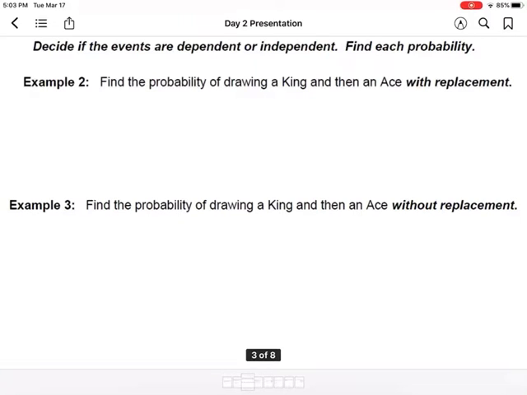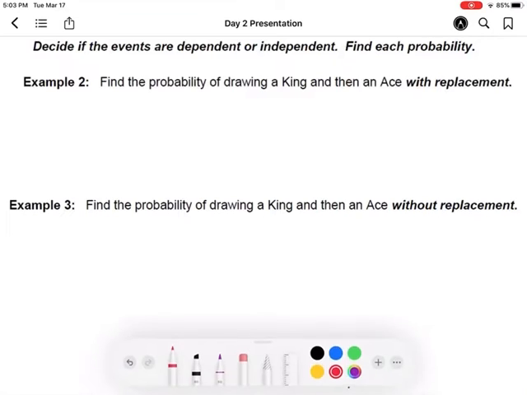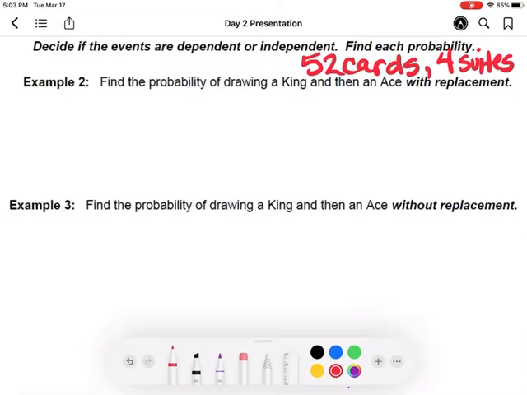Let's first make sure we know a little bit about cards. In a standard deck of cards, we have 52 cards, and we have 4 suits: hearts, diamonds, clubs, and spades. This is the probability of finding a king and then an ace with replacement.